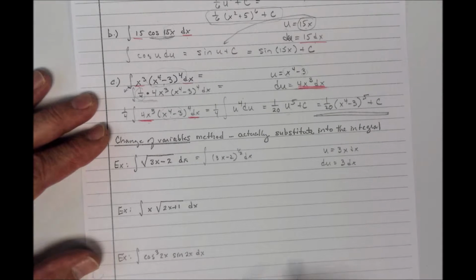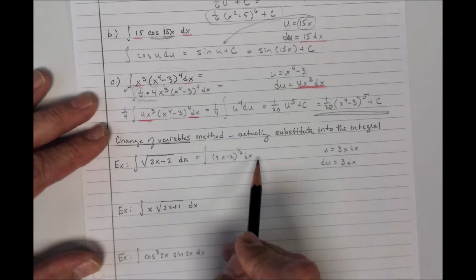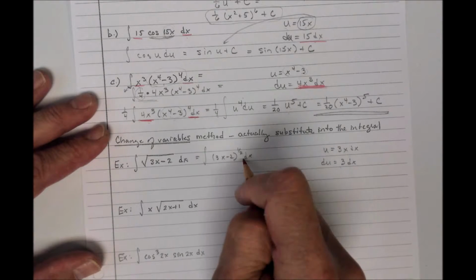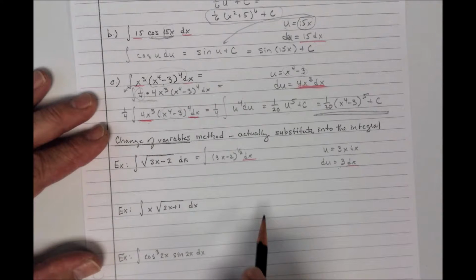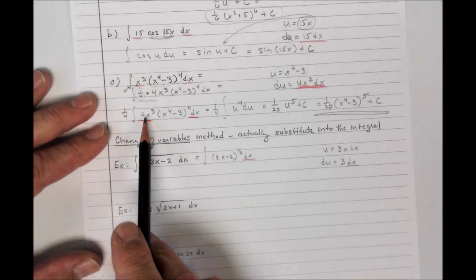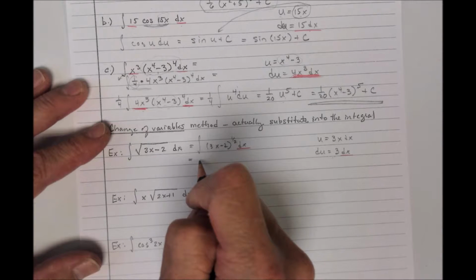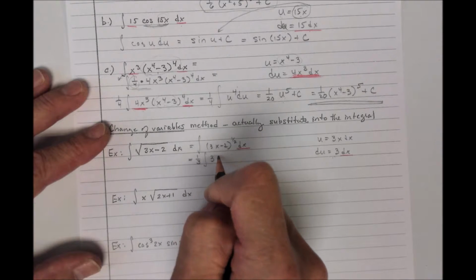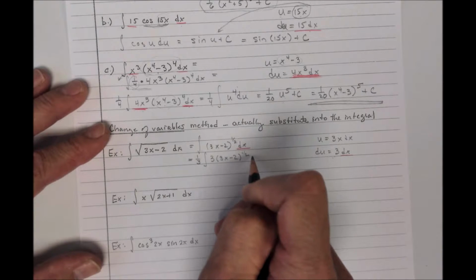So I'm going to change my variables, but I have to finagle the constant because I have the dx. I just don't have the 3. So remember what I did with the 4 back here? I put a 1/4 times 4. Well, this would be like a 1/3 times 3. I'm going to write it like this: 1/3 on the outside, the integral of 3 times the quantity 3x minus 2 to the 1/2 dx on the inside.